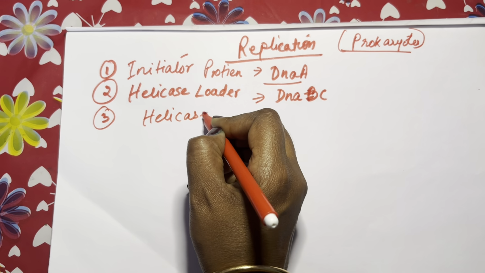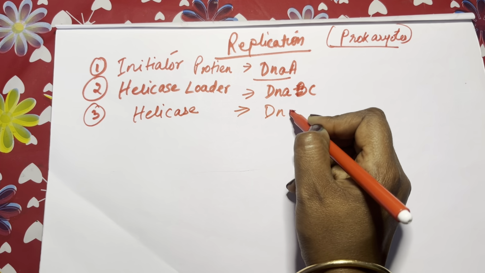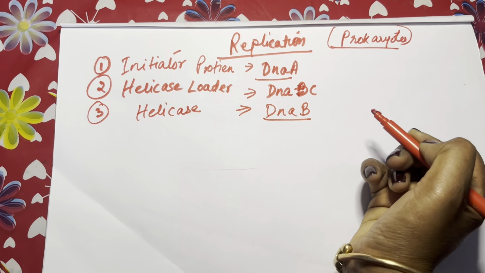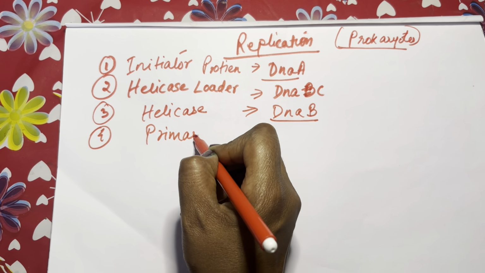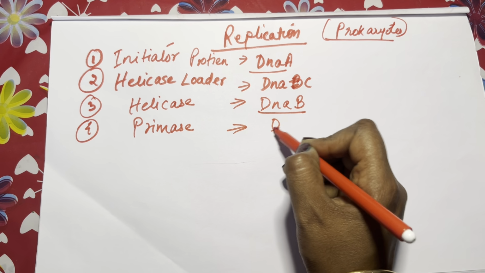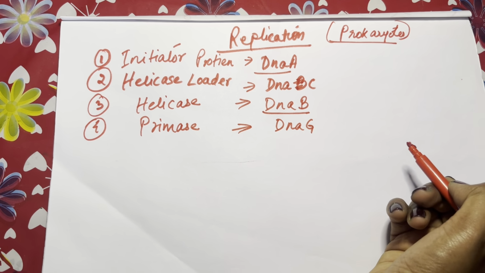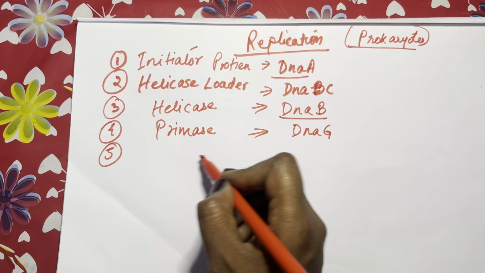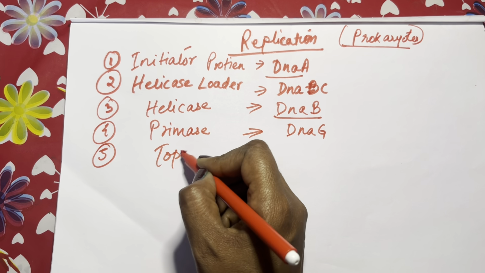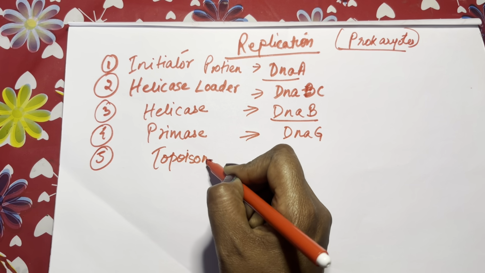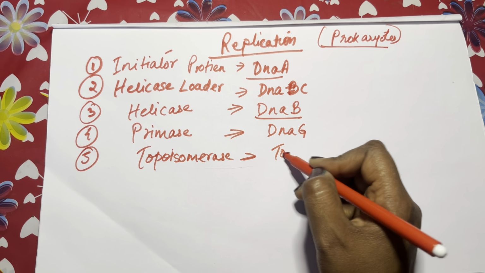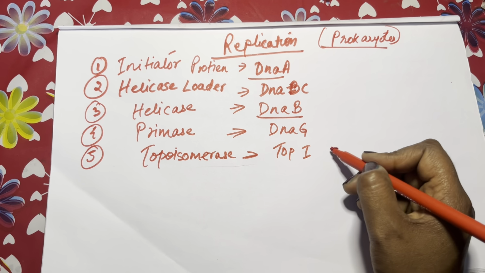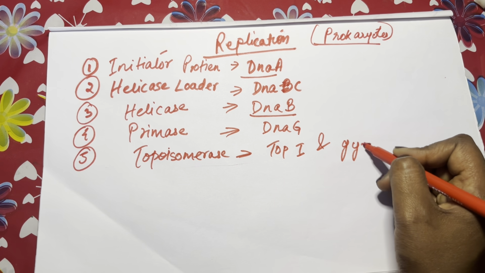Then helicase. Helicase in prokaryotes, we call it DnaB. After that, who will come? Your primase enzyme. Primase enzyme, we call it DnaG. Then who will come? Your topoisomerase. Topoisomerase, we call it topoisomerase 1 and gyrase.